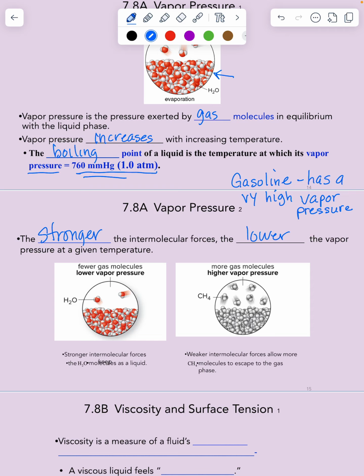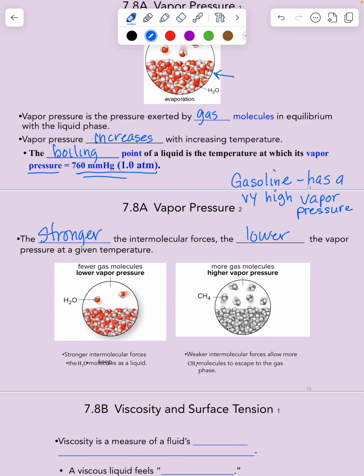So this statement here says the stronger the intermolecular force is, the lower the vapor pressure. The intermolecular forces between the gasoline particles are not very strong, and so it turns into a gas very easily. On the other hand, if you have something like water, it takes a lot to turn water into water vapor.